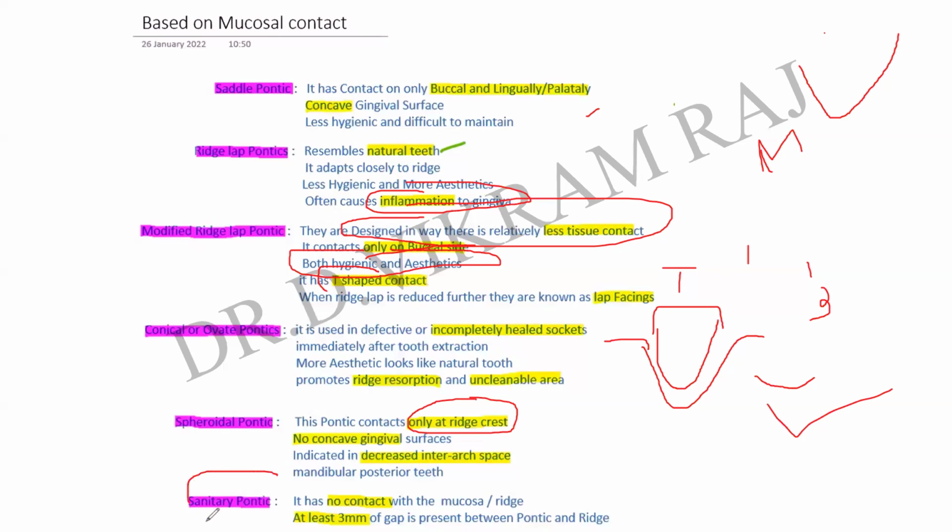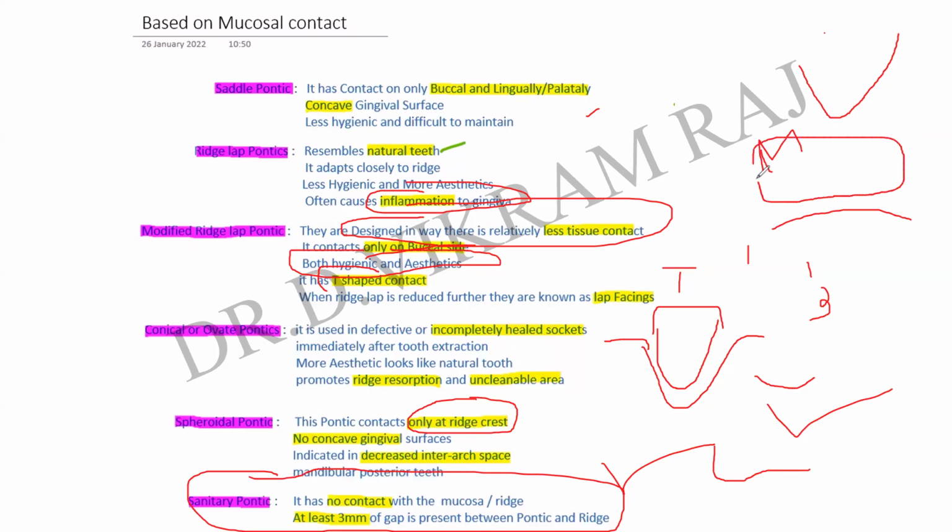And the solitary pontic is a very, very important pontic, and this is what we generally indicate for the posterior regions. Suppose this is a ridge and the teeth will be here, but the pontic will be like this only. There's a gap between the pontic and the gingival surface. Very good in hygiene, but aesthetic wise, it is very poor.